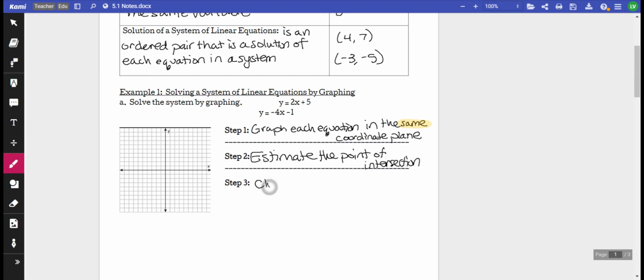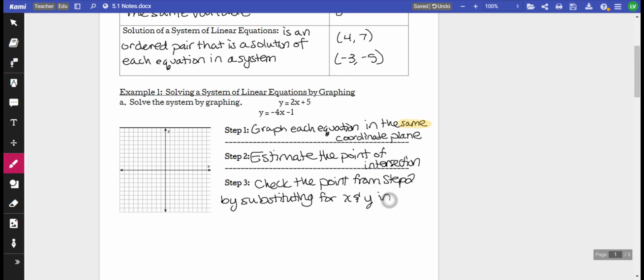Step number 3 is to check the point from step 2 by substituting for x and y in each equation of the original system.